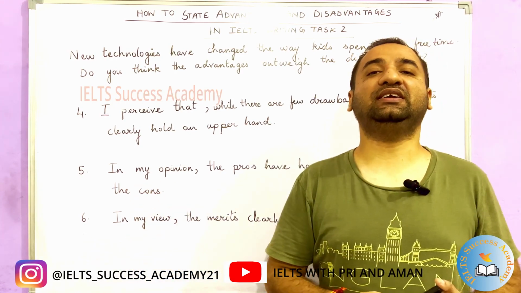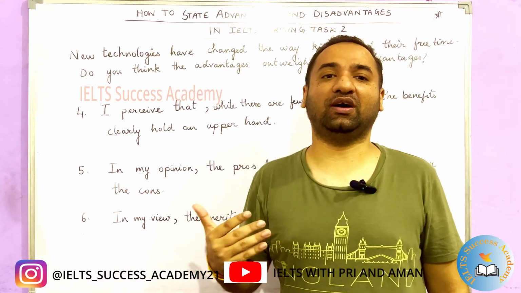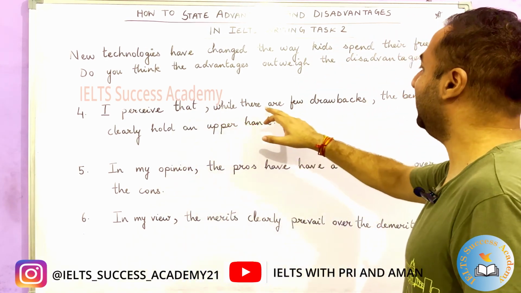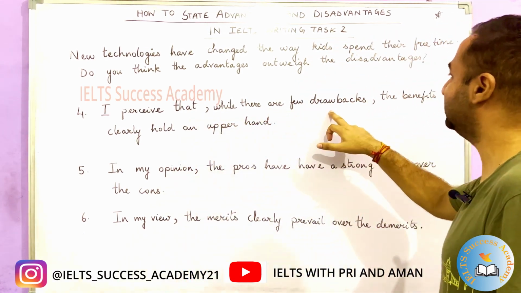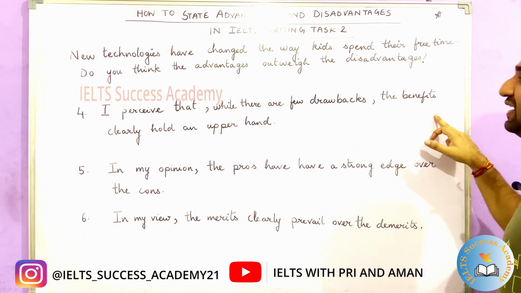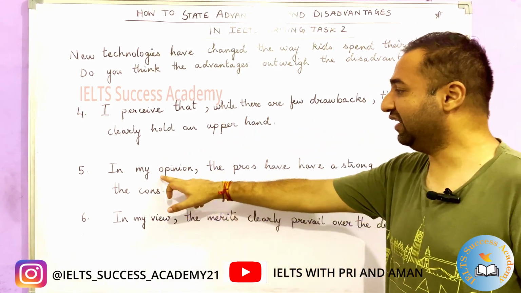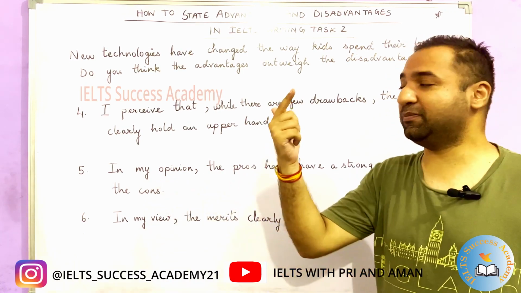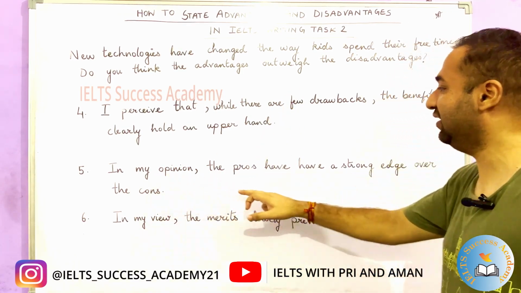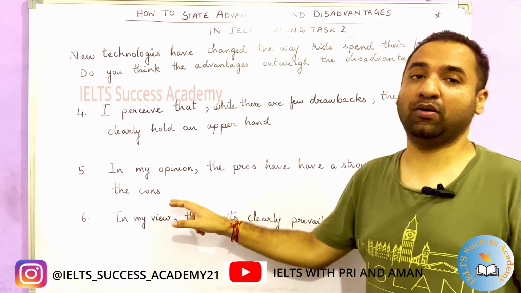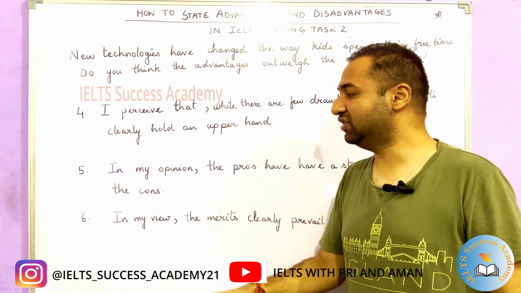Now, if you think that the demerits hold a stronger hand, then you should write, I perceive that while there are few advantages, the drawbacks clearly hold an upper hand. Here again, if you think that the demerits are more, you can say, in my opinion, the cons have a stronger edge over the pros.